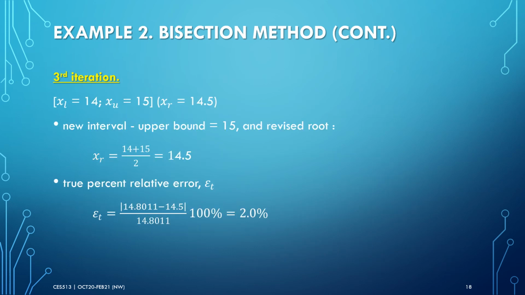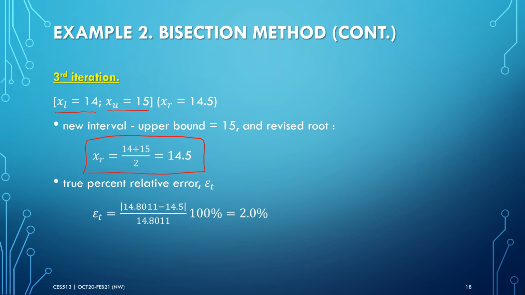Okay, and then continue with the third iteration, where just now we find that the lower bound is 14 and the upper bound is 15, and the estimated root will become 14.5, which is equal to (14 plus 15) divided by 2, we get 14.5.